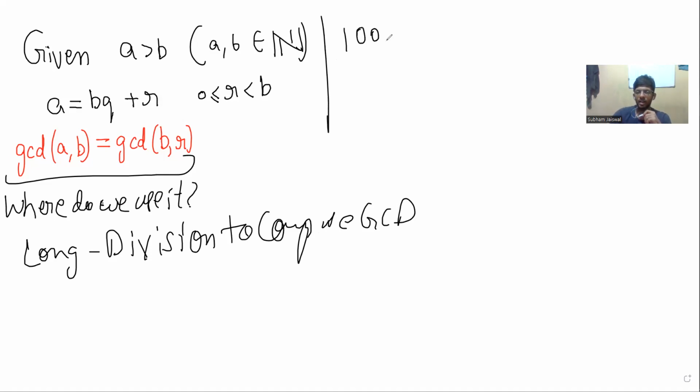If you have any numbers, say 1002 and let's say you take 30, and I ask you to calculate the GCD of these, obviously factorization is one method. You factor both the numbers, but can anybody tell us what is the long division method to compute GCD?